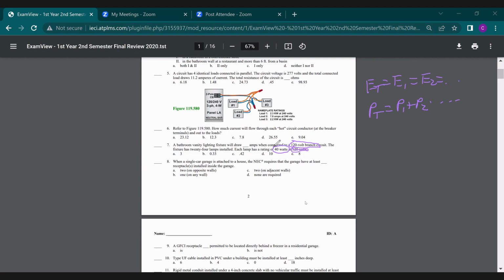Because each of these lamps is 40 watts and I have 24 of them, I'm just going to take 40 times 24. 40 times 24 equals 960. And this is watts total. Yep, 960 watts. With this watts total, I'm looking for amps. Amps total equals P divided by E for this problem.